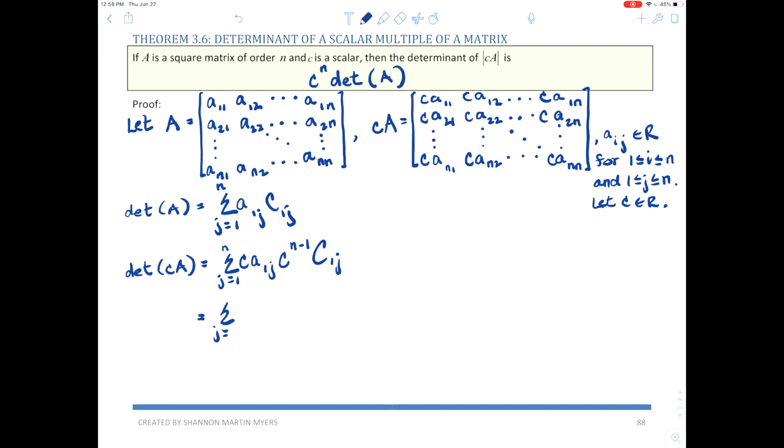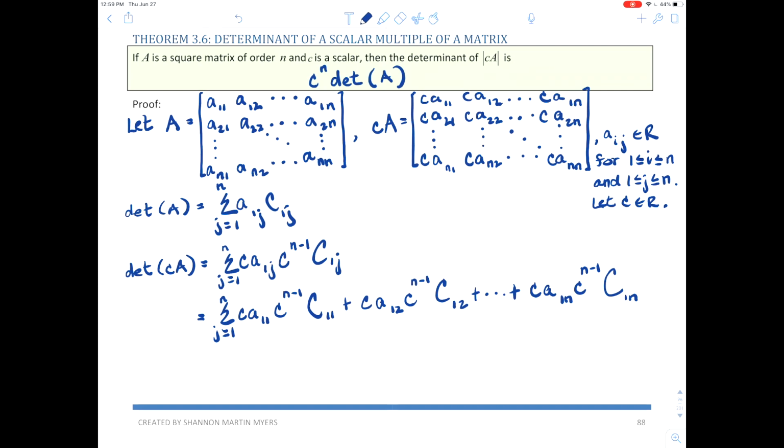Okay, well, what's this equal to? That would be the summation from j equals 1 to n of CA11 times C to the n minus 1 times the cofactor for the entry in the first row, first column, plus CA12 times C to the n minus 1 times the cofactor corresponding to entry A12, so C12, and you'd keep going in that way until you got to CA1n, and then the scalar C would be raised to the n minus 1 times our cofactor C1n.